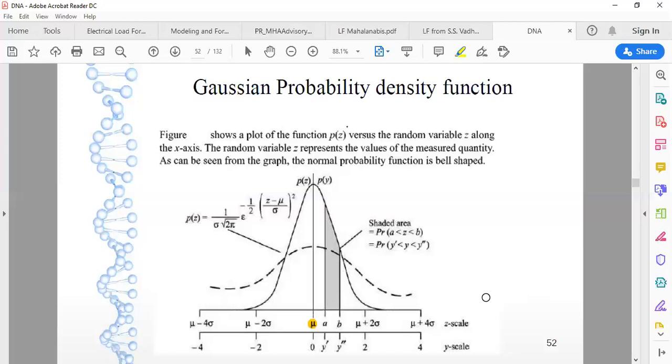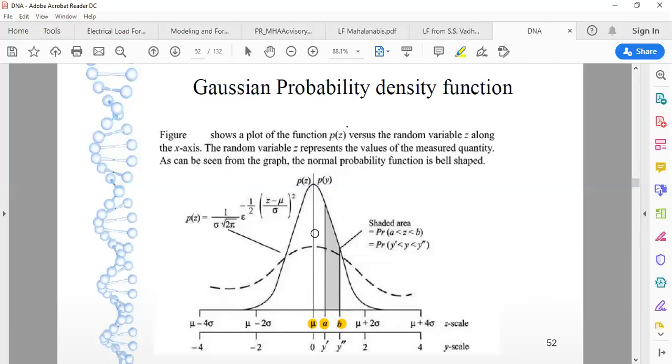So I want the probability that the instrument offers a value between 2.6 and 2.7. Say A equals 2.6 and B equals 2.7. The area of the curve in between, divided by the whole area, gives you the probability.